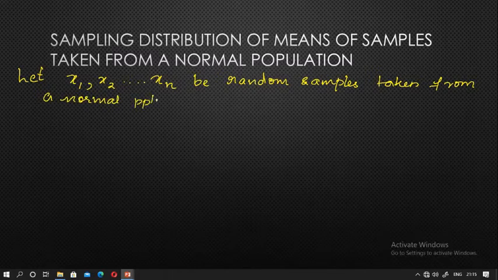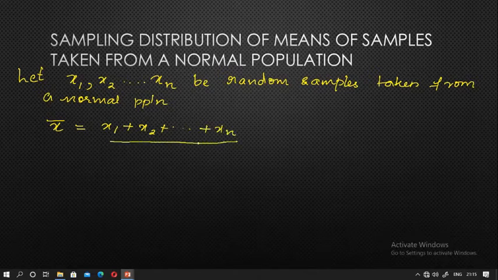Now we are asked to find out the distribution of x bar. Now what is x bar? X bar is equal to x1 plus x2 plus etc. plus xn, the whole divided by n.